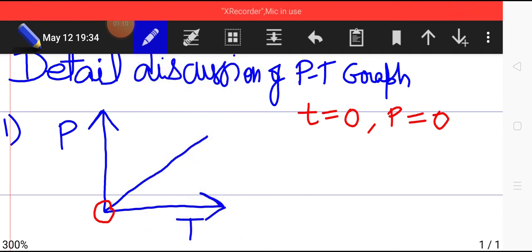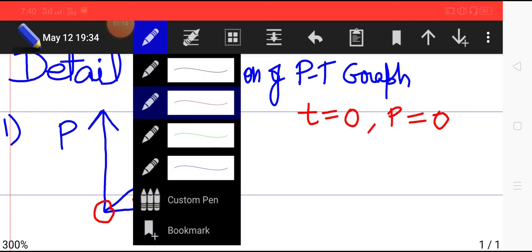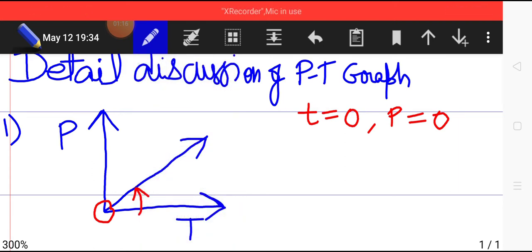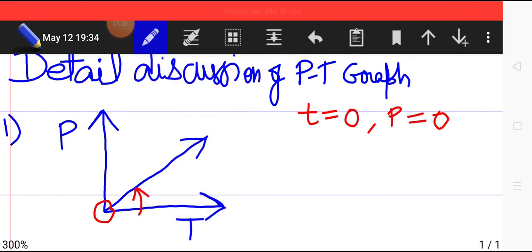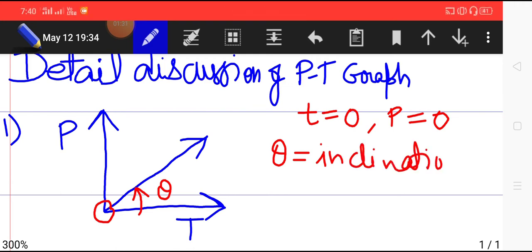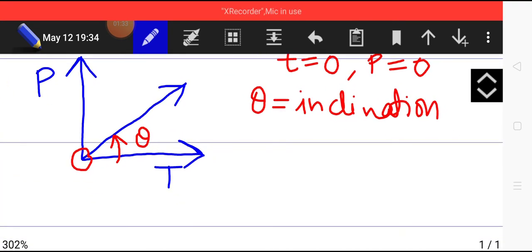The second point is the inclination of the graph. If you calculate the angle in an anti-clockwise manner, like I have calculated, starting from the time axis, then this angle is known as inclination. So theta is known as inclination, and this inclination can give you the velocity of the object for a straight line graph.